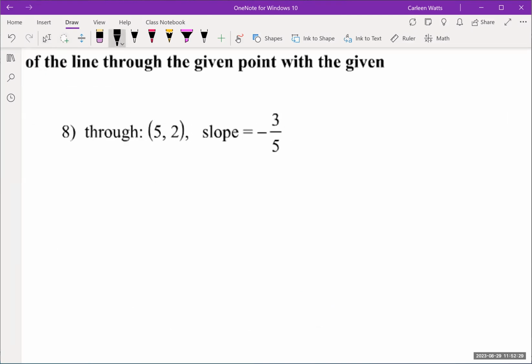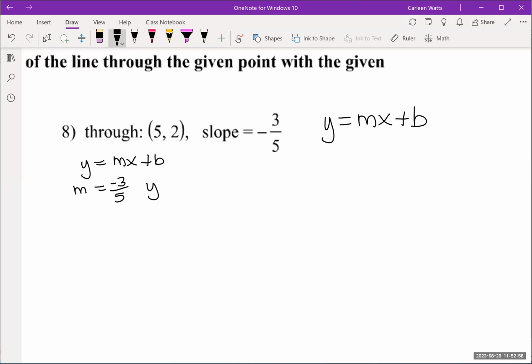Okay, slope intercept form. I'm going to write it here. So I know the slope. I'm going to put the negative on top, not in front.